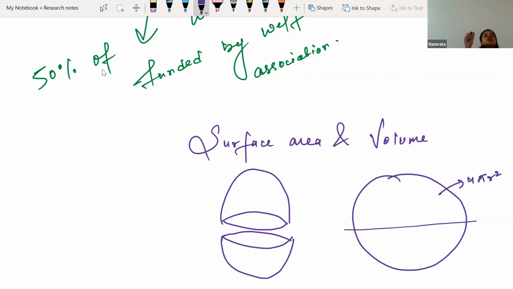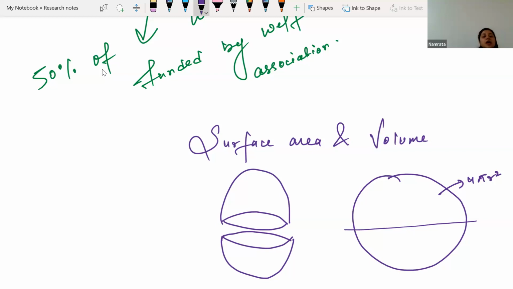Once we cover it with thread, and then use the same thread, we find that we are able to cover 4 circles. That is how we get the surface area of a sphere.